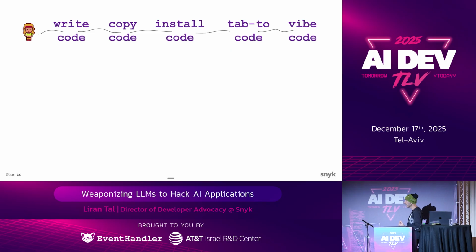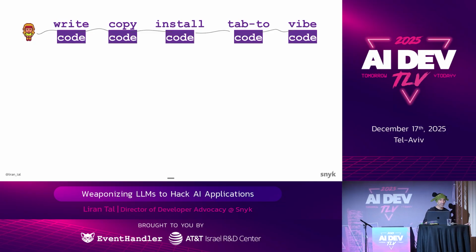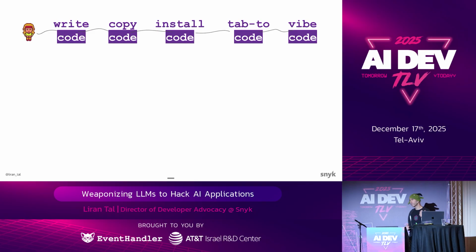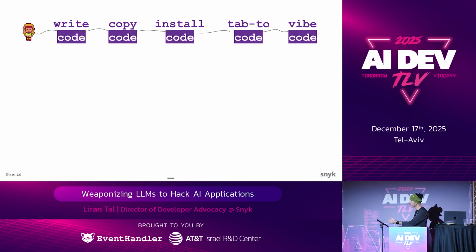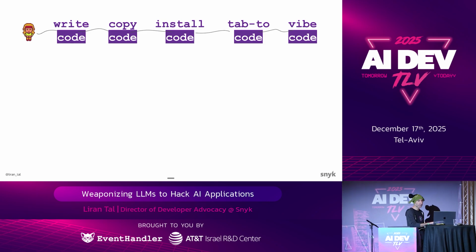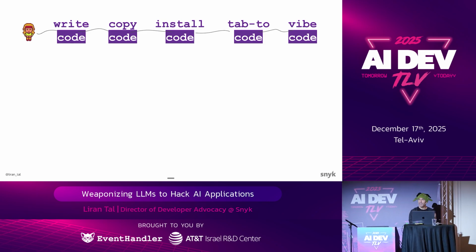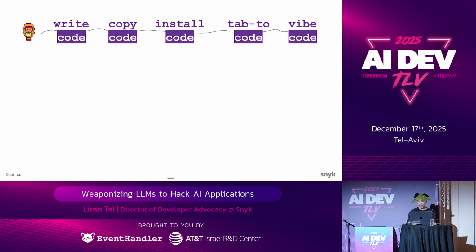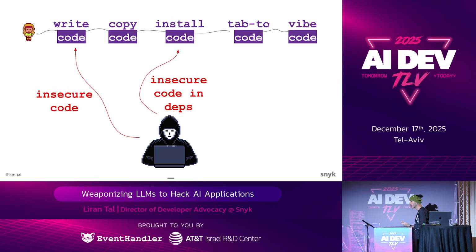But if you look back at what this means, if you try to wrap up the common denominator here around code, what does it actually mean? It means that code is the thing that flows with us. It's always been there, right? And on this track, a few hours earlier, Engin was here, talking about code in terms of platform engineering, IaC. It really is the thing that flows and is part of us.